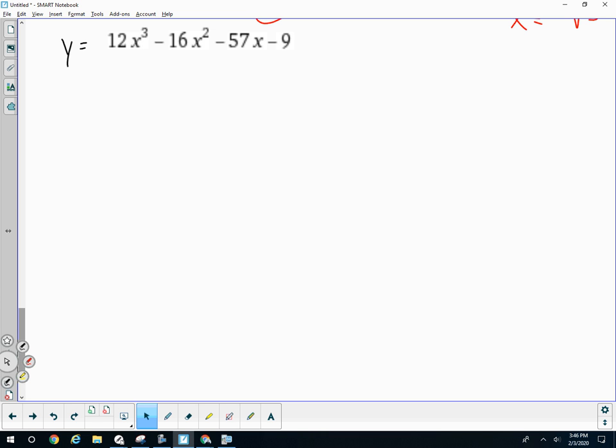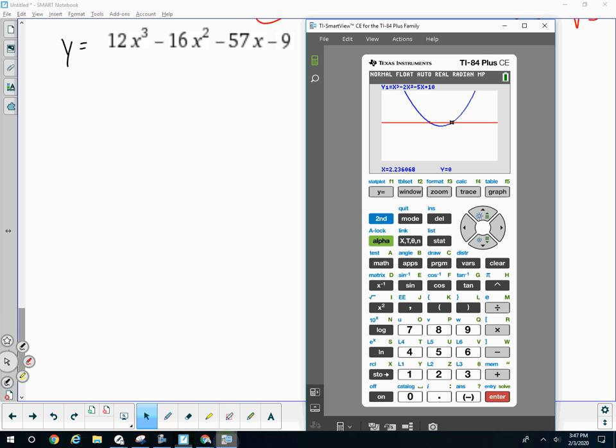Step 1, graph. Step 2, find a nice, easy answer. It looks like it wants to be a 0, but I know it's not 0.